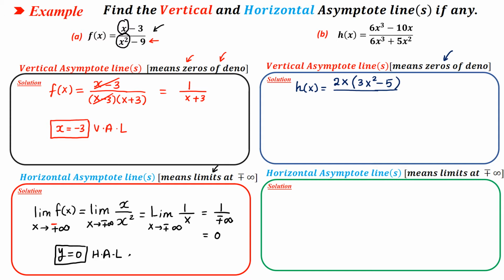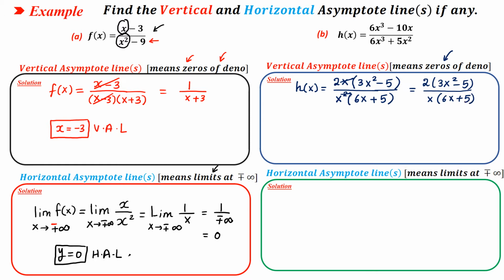We have x squared as greatest common factor, and you will get 6x plus 5. So cancel x with x, you will get 2 multiplied by 3x squared minus 5 divided by x multiplied by 6x plus 5.